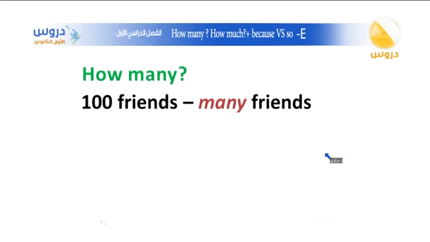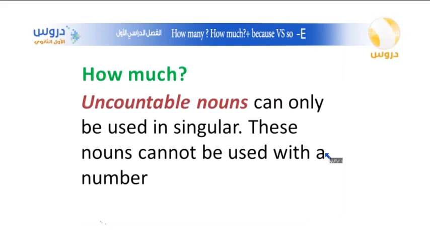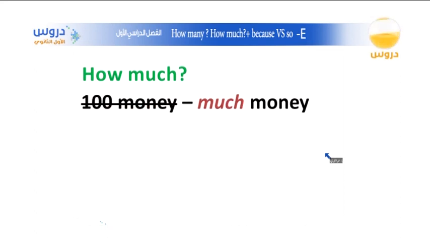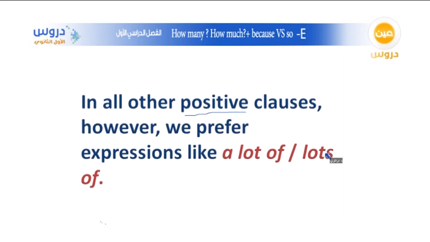Example, we've got many friends, 100 friends. Countable noun. Uncountable nouns can only be used in singular. These nouns cannot be used with a number. Example, much money. You cannot say many money because it's uncountable.